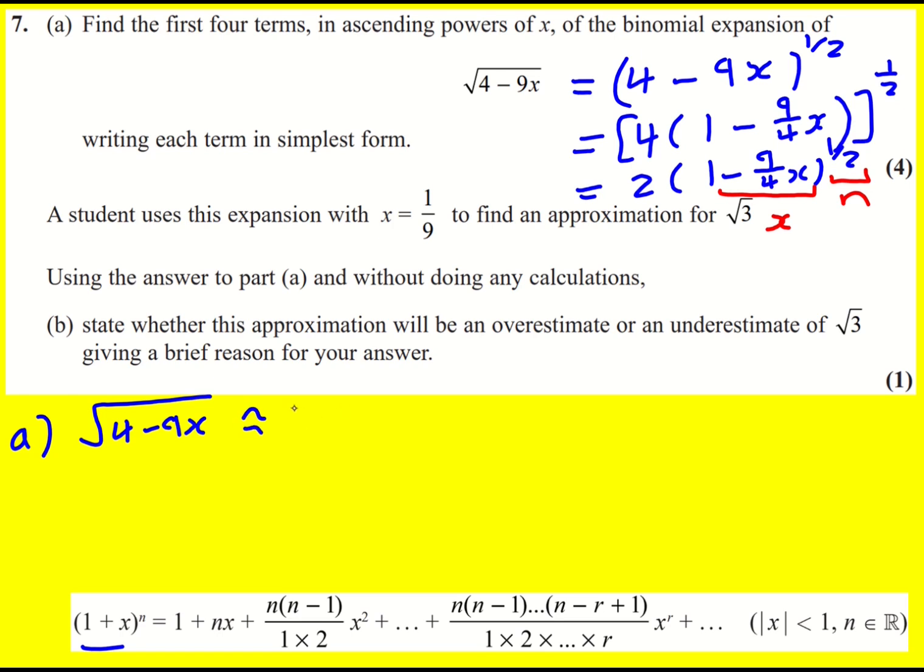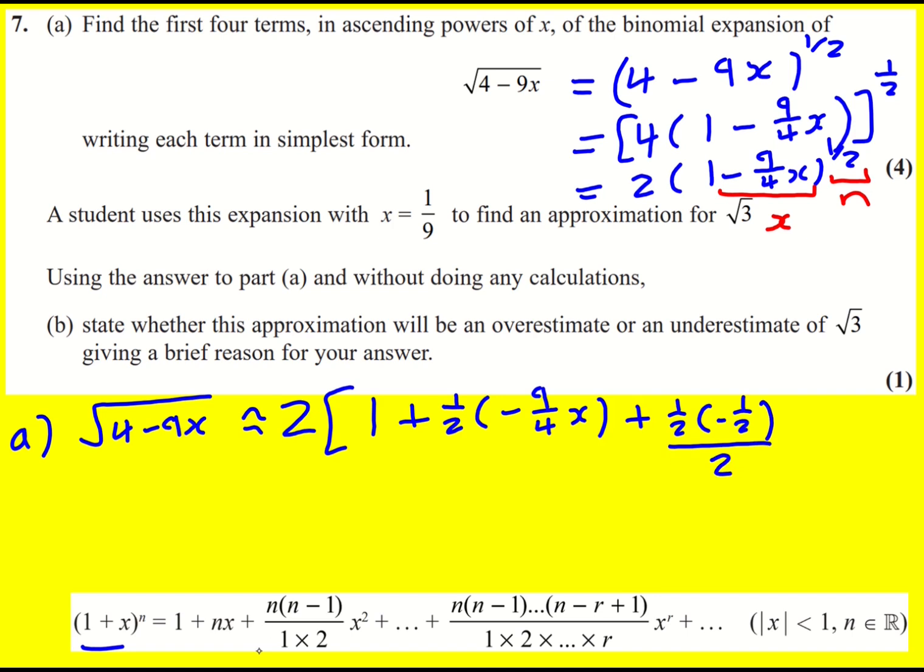So this is going to be approximately equal to, don't forget about the 2, then it's times 1 plus a half times minus 9 over 4x plus a half times minus a half all over 2. I'm just using this expression here. And then I'm squaring my x, which is minus 9 over 4x.